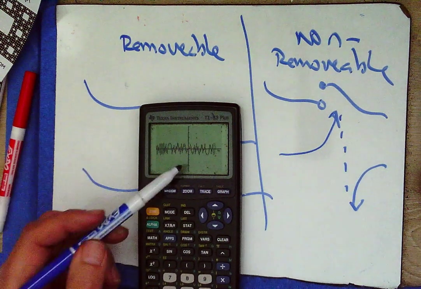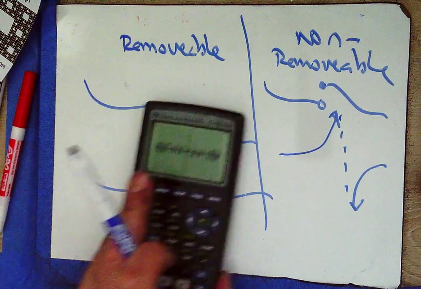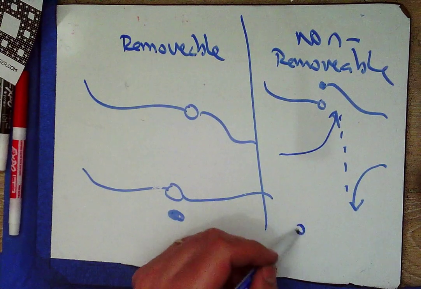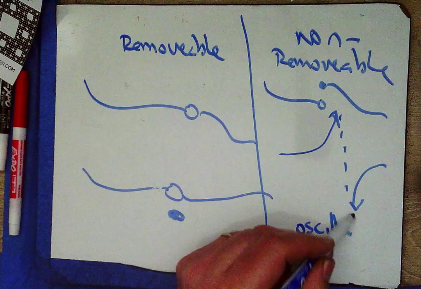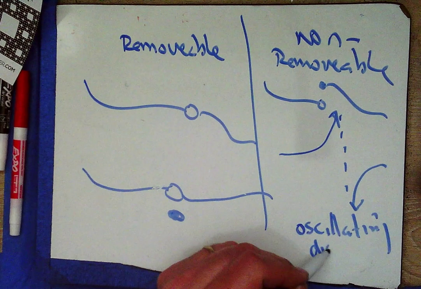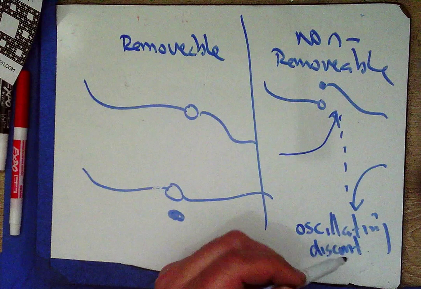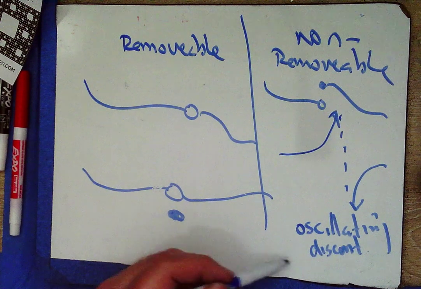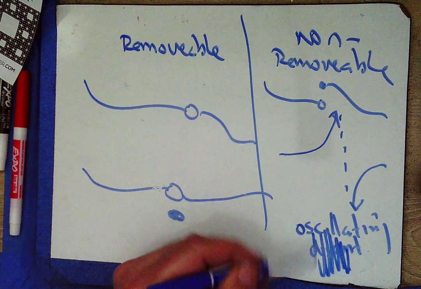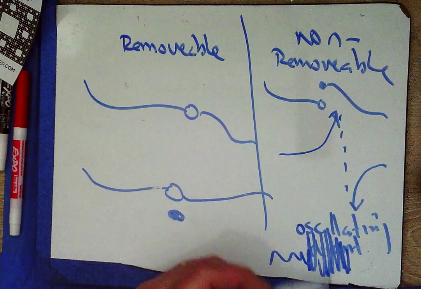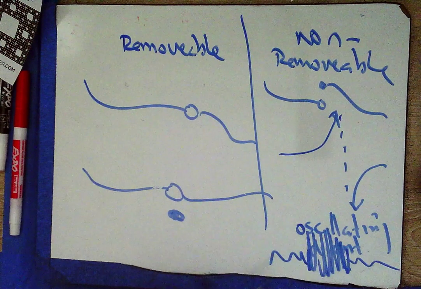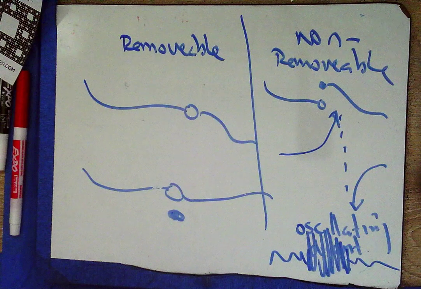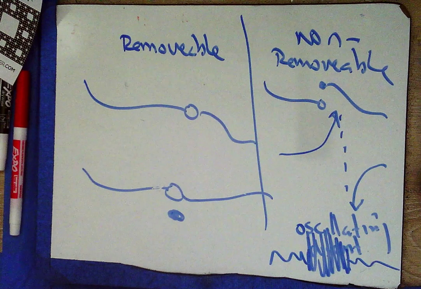Yeah, and so what we say is that that is an oscillating discontinuity. So as we approach the point, this thing vibrates faster and faster. That's what we're seeing there, okay? So there are oscillating discontinuities.